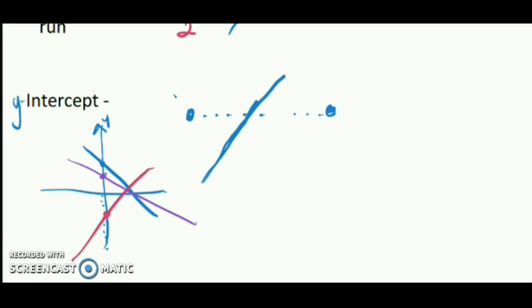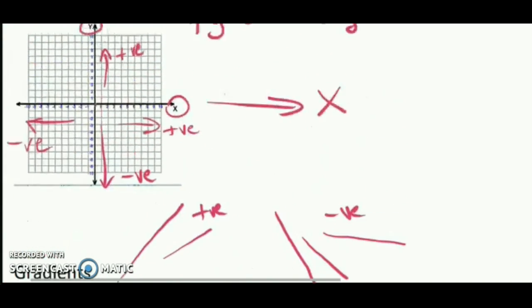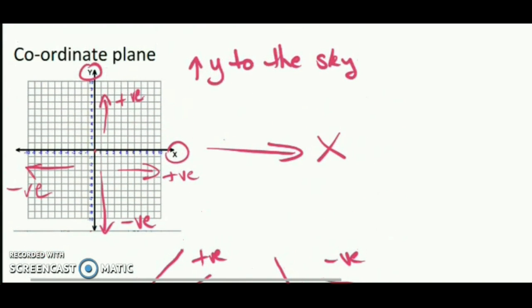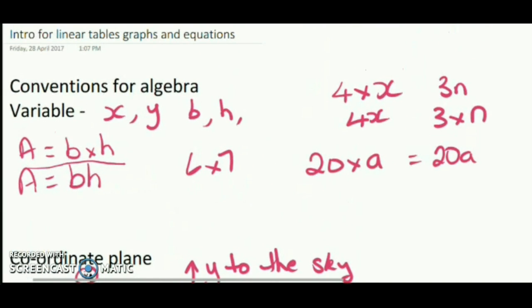So y-intercepts, gradients, rise over run, the graph, x-axis, y-axis. And the important thing is when we have a number and a letter together, or two letters together, that means that they are multiplied.